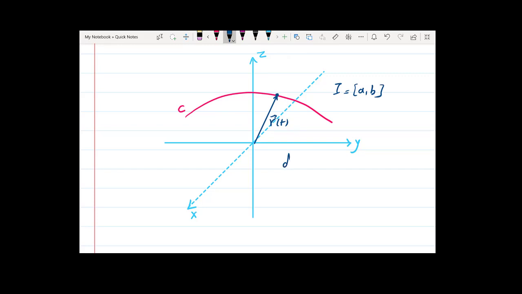The derivative of r with respect to t is the velocity vector. The velocity vector is tangent to the curve at each time, and its direction is the direction of motion. The magnitude of the velocity vector is called speed.